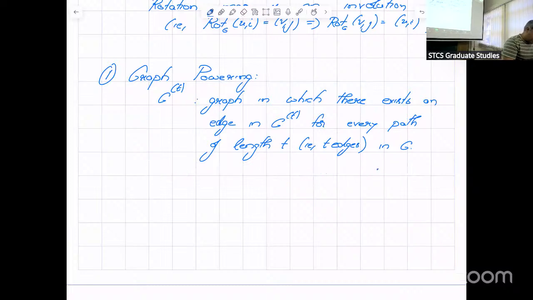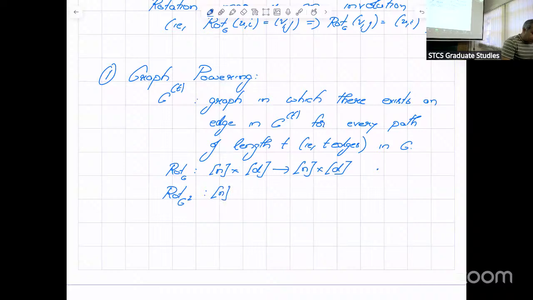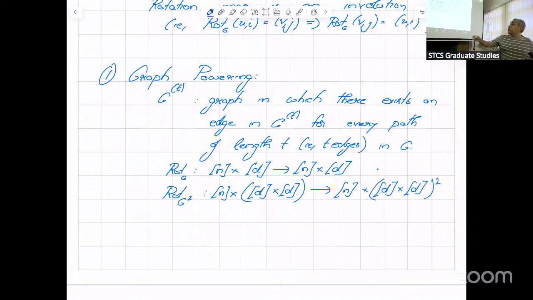We are going to be given rot G, which is from N cross D to N cross D. And from this, I want to construct rot G squared, which is going to be from N cross D cross D, because there are two steps in a path. Rot G squared will be a graph of degree D squared.